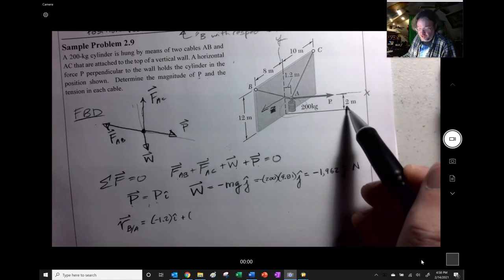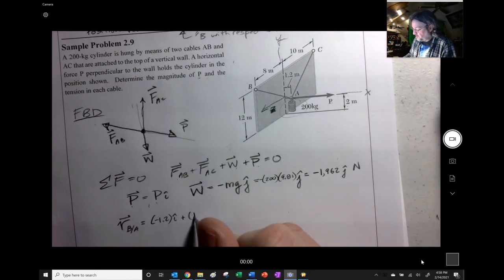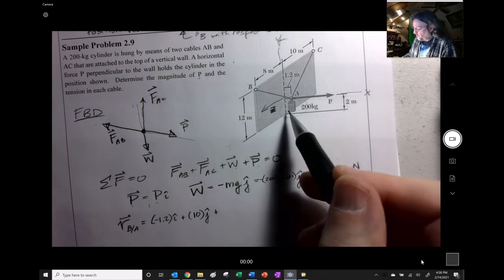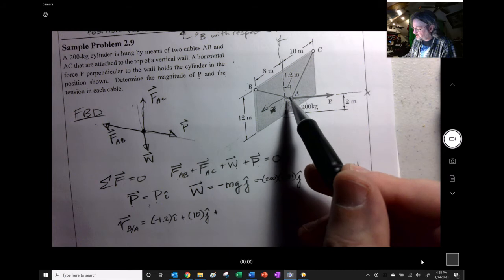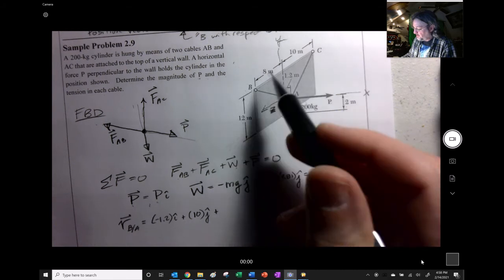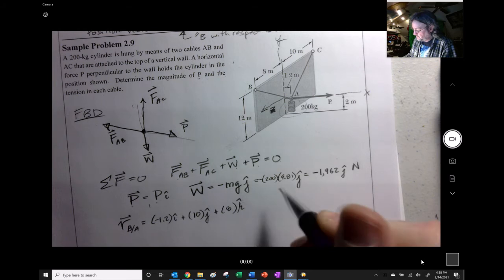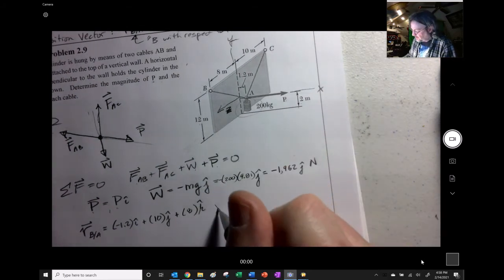I'll go 2 meters right here, okay? It was 12 meters all the way to the top, 2 meters from here, so it's going upwards, so it's positive 10. For the z direction, it is going in the positive z direction, so starting at A, it's going to be 8 meters over.